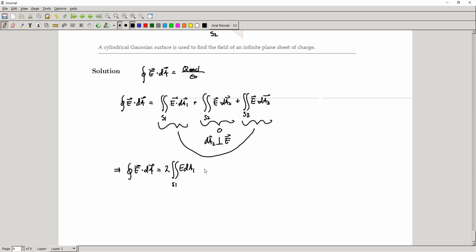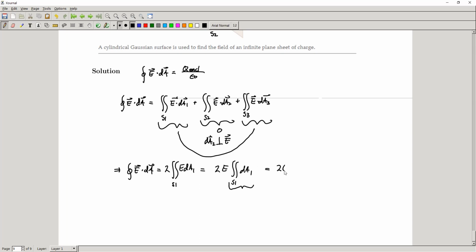But obviously we can just clean this up a little bit. I'll clean it up one step and then we'll go from there. So this is going to be 2E times the surface integral over 1 of dA1. And again, like we said before, because we're integrating dA over the surface that makes up these dAs, we just end up with our area, right?